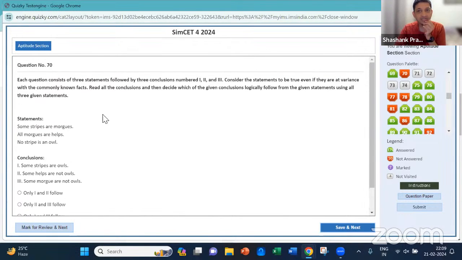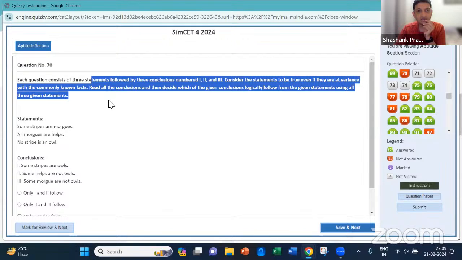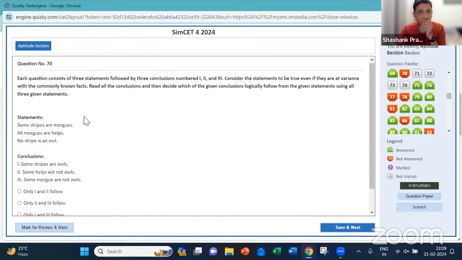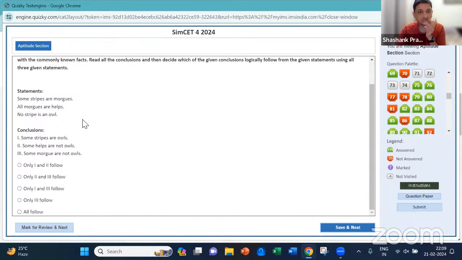Okay. Some A, B, O, A, right? Using all the 3 given statements. Oh. Okay, we have 2 minutes left. I think I'll finish this and then I'll go and mark randomly. Some stripes are moths. All moths are helps. No stripe is an owl. Okay. Is anything given about stripes and moths?